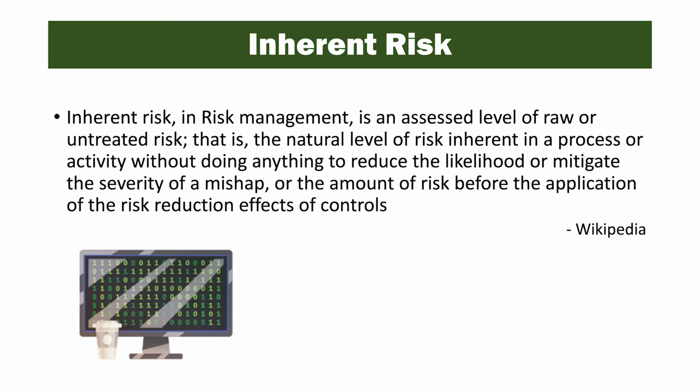So essentially, this is the risk that exists before we put mitigating controls or compensating controls or privacy controls or security controls in place to reduce that risk. So we're never going to get rid of risk, but we're going to reduce risk to an acceptable level. So the inherent risk is the risk level we're starting with before we apply our safeguards or controls.